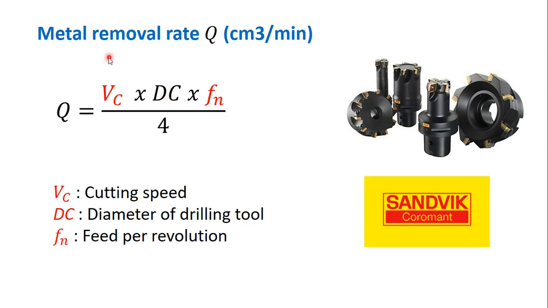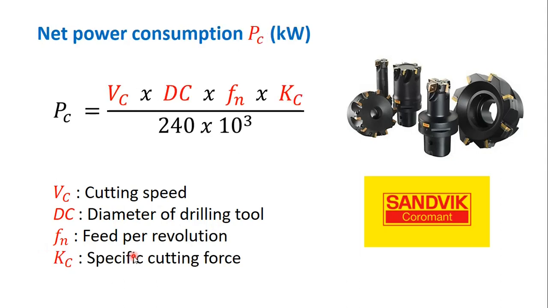Similarly, the metal removal rate is found by Vc into Dc into Fn upon 4, where Vc is the cutting speed, Dc is the diameter of the drill bit, and Fn is the feed per revolution. And this is the formula to calculate the power consumption if we are using a drilling operation on a vertical milling machine, where Vc is cutting speed, Dc is the diameter of the drill bit, Fn is feed per revolution, and Kc is specific cutting force.